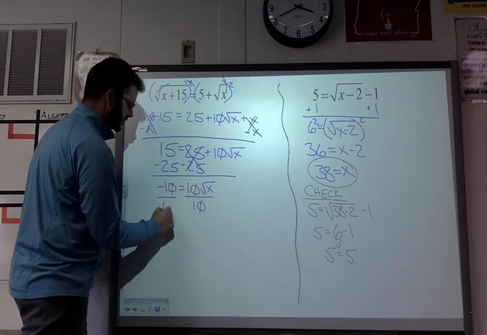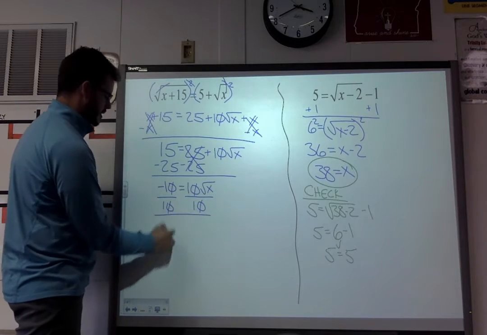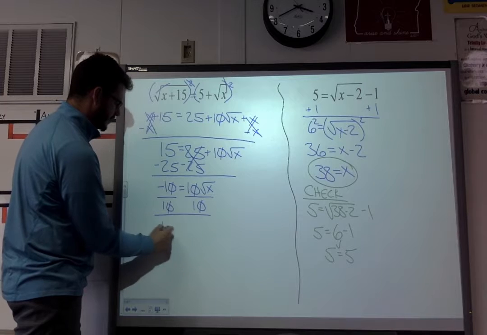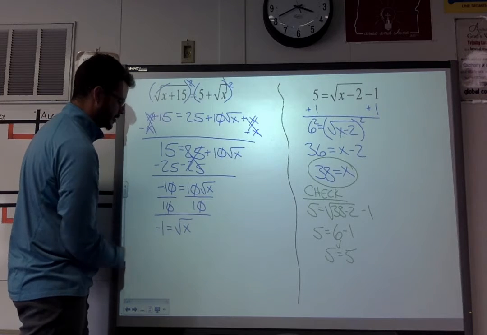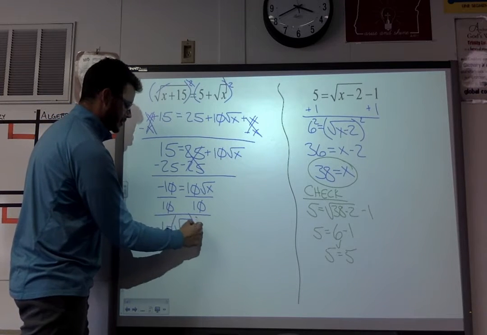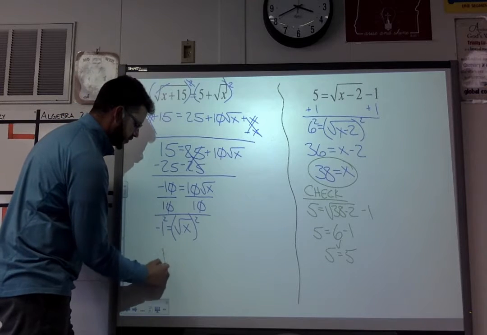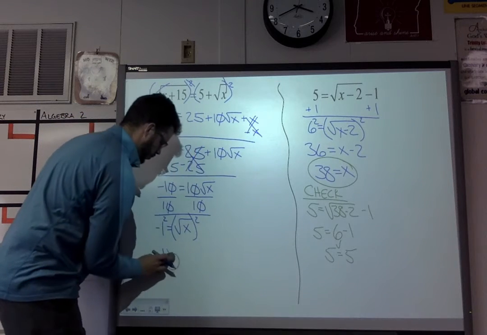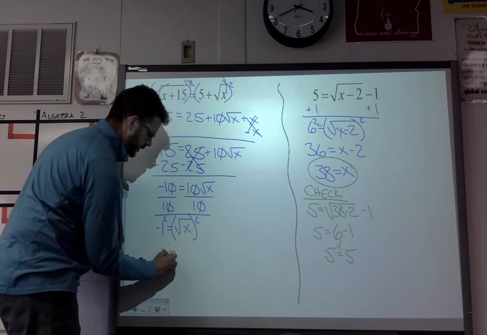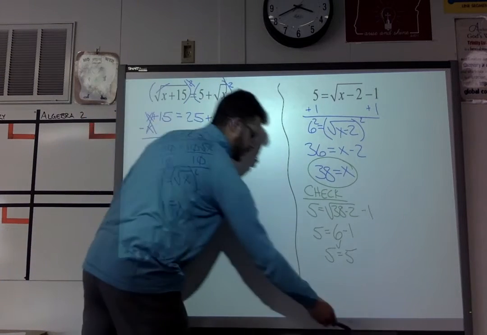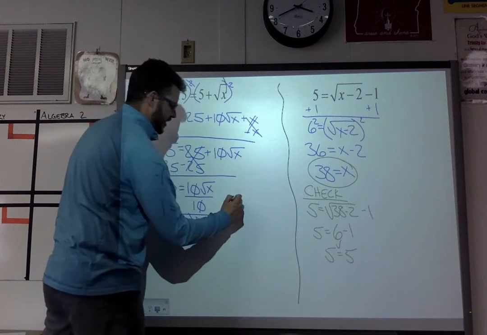Divide both sides by 10. And we would get negative 1 equals the square root of x. When we square both sides, we would get 1 equals x.